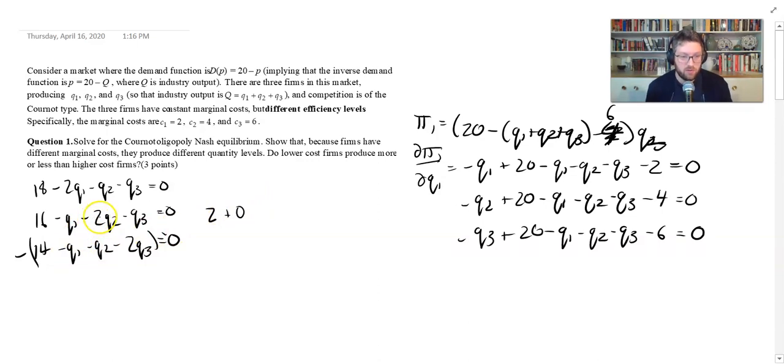Negative 2 Q2 plus Q2 is minus Q2. And then minus Q3 plus 2 Q3, that's plus Q3 equals 0. And that's not such a nasty equation to work with.